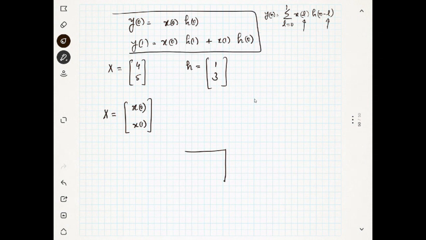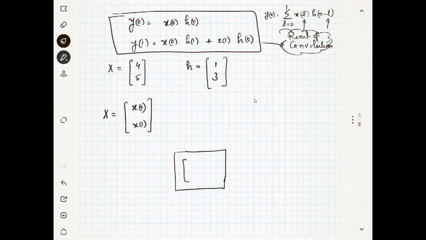Now I am going to represent this entire thing, that means our convolution. This is the result of our convolution, right? I am going to represent this property as a matrix.